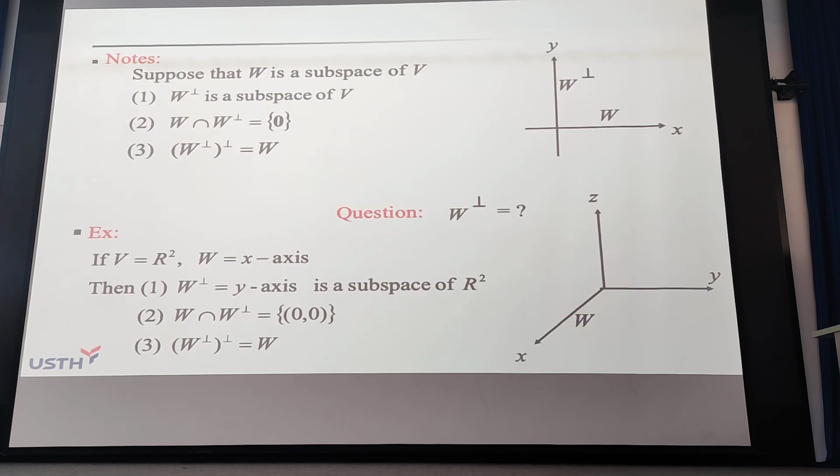And from properties 1, 2, and 3, we get a new notion named direct sum, in Vietnamese tổng trực tiếp. It is the following. Suppose that W1, W2 are two subspaces of Euclidean space Rn.